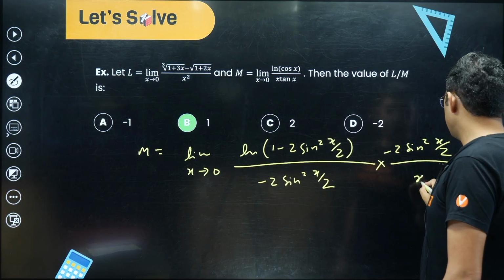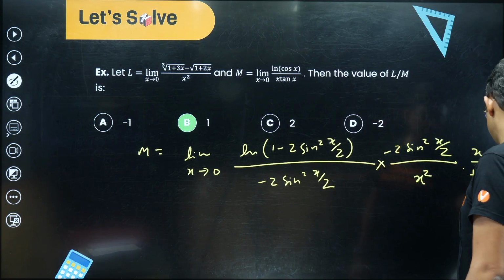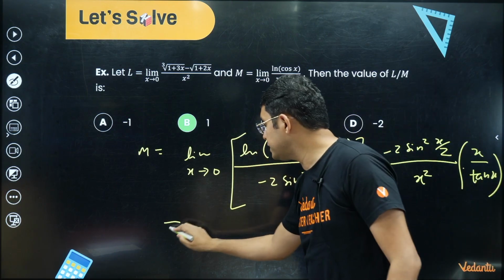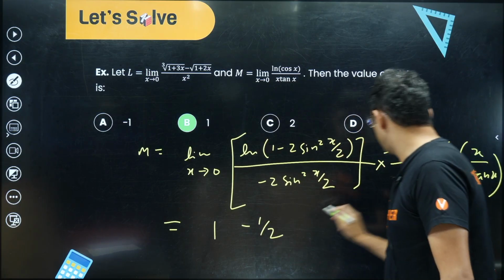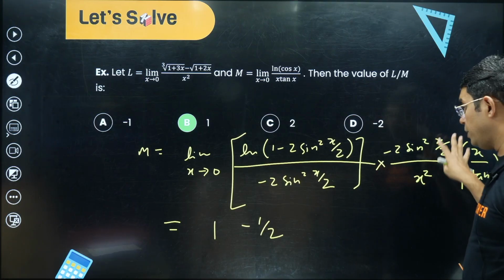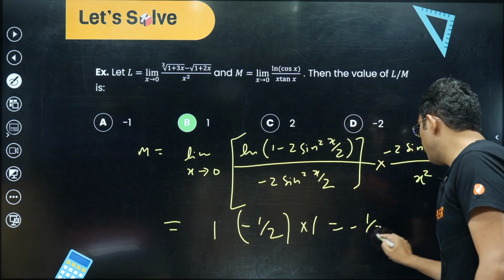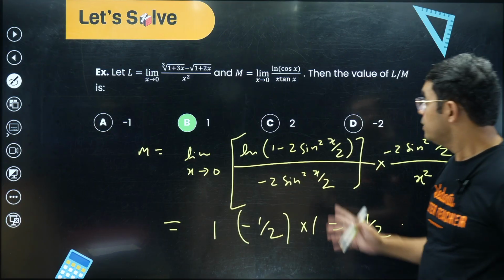And in the denominator I can put x square, and for that you will be multiplying by x upon 10x. Okay, now this is your standard result of log 1 plus x. So this will be 1. Now in this you can see it will become minus half, because sine square x by 2 you can write this as x square upon 4. So this will be minus 1 by 2 here. And the last one is also 1. So this is also giving you minus half from here. So this can also be the method for this M part.